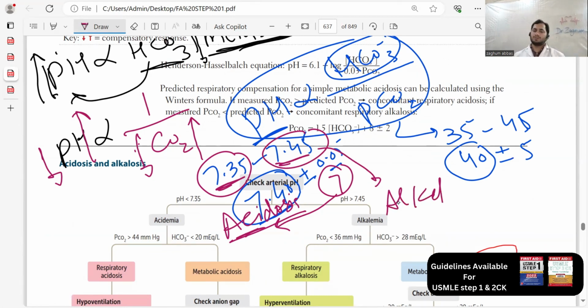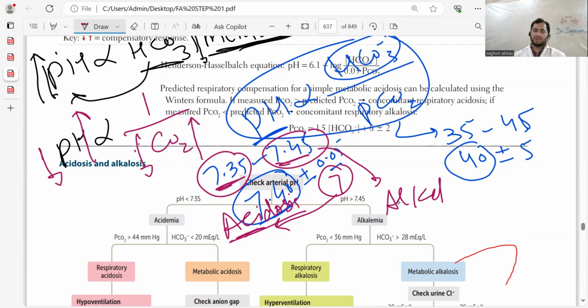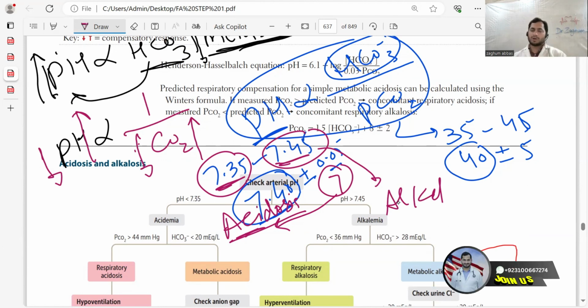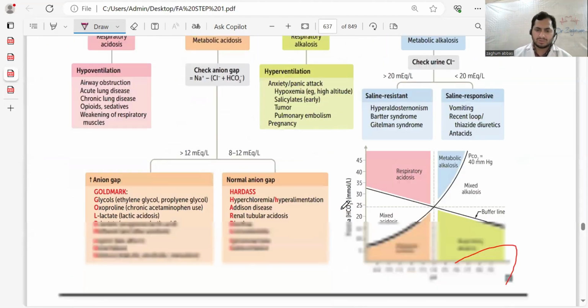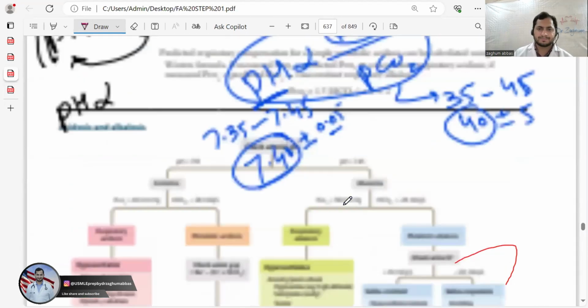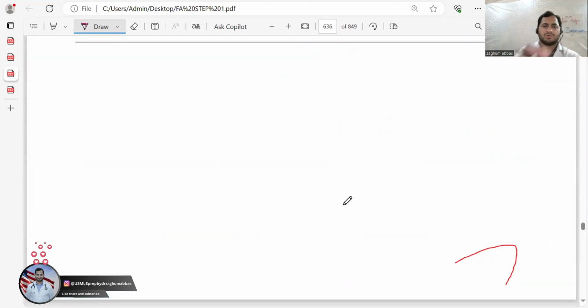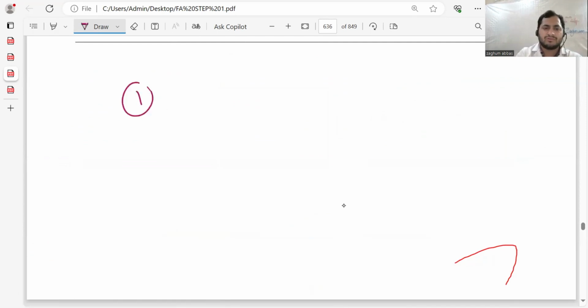So whenever you are given the value of pH, bicarbonate and carbon dioxide, remember 3 points. Let me summarize on another page. First is the pH. If it is less than 7.35, that is acidemia.